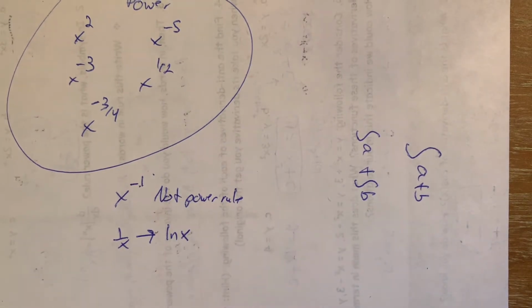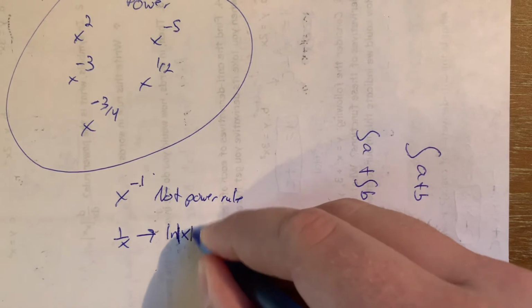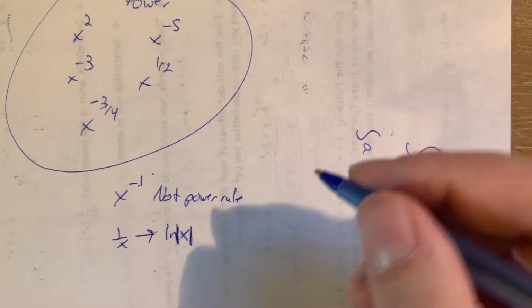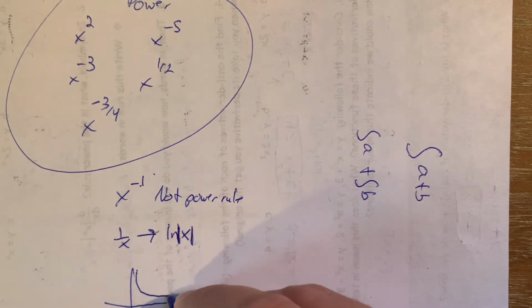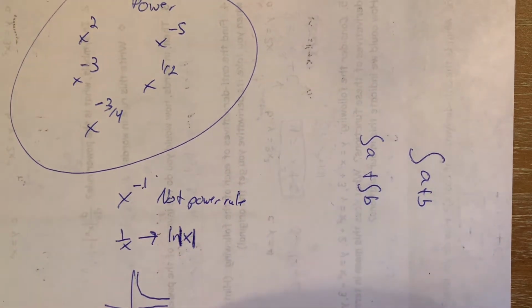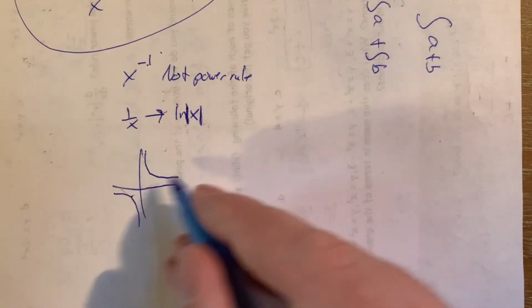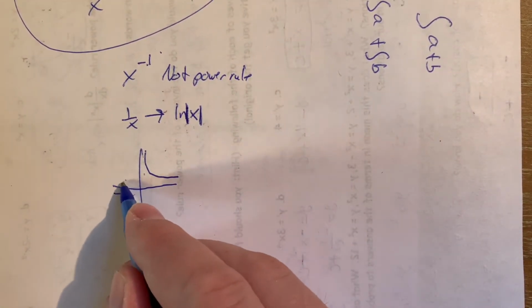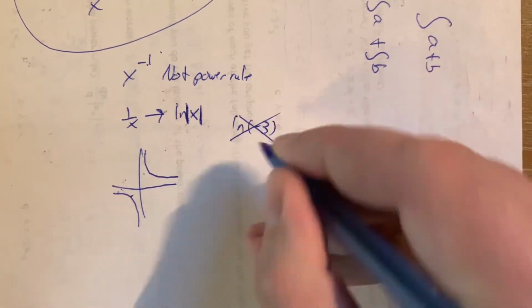Now, I'm not even going to start out by lying to you. When you do the antiderivative, you actually need it to be the absolute value of x. It has to do with the fact that 1 over x has a domain of all real numbers except zero, and to make the actual antiderivative work out on that domain, you have to be able to put in negative numbers for x. But you can't take the log of a negative, this is undefined.